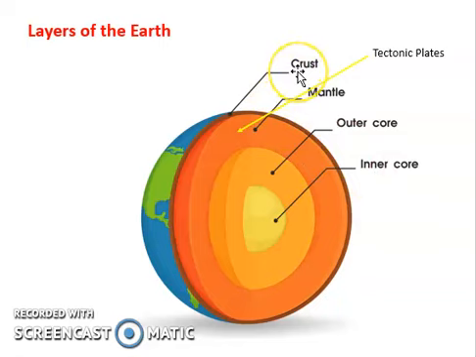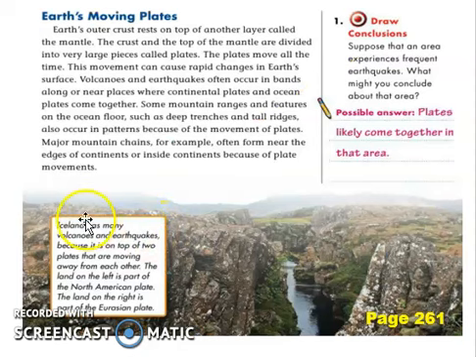It says here that the crust and mantle are divided into pieces, and that division is called the tectonic plates. Do these tectonic plates move? I will show you proof. This picture was captured in Iceland.